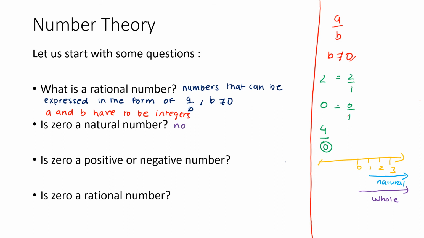The next question: is 0 a positive or negative number? Previously we said from 1 to positive infinity is positive, from -1 to negative infinity it's negative, and so 0 is neither positive nor negative.